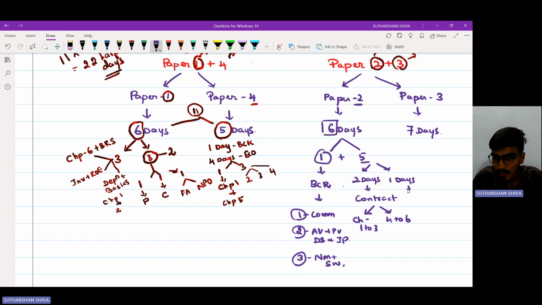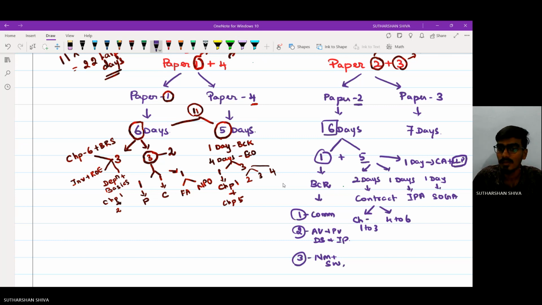This 1 day, you will give for Indian Partnership Act. And we have 1 more day, that is left for Sales of Goods Act. The last 1 day is for company accounts plus LLP. If time permits, do LLP. Like this, you will bifurcate as far as paper 2 is concerned.